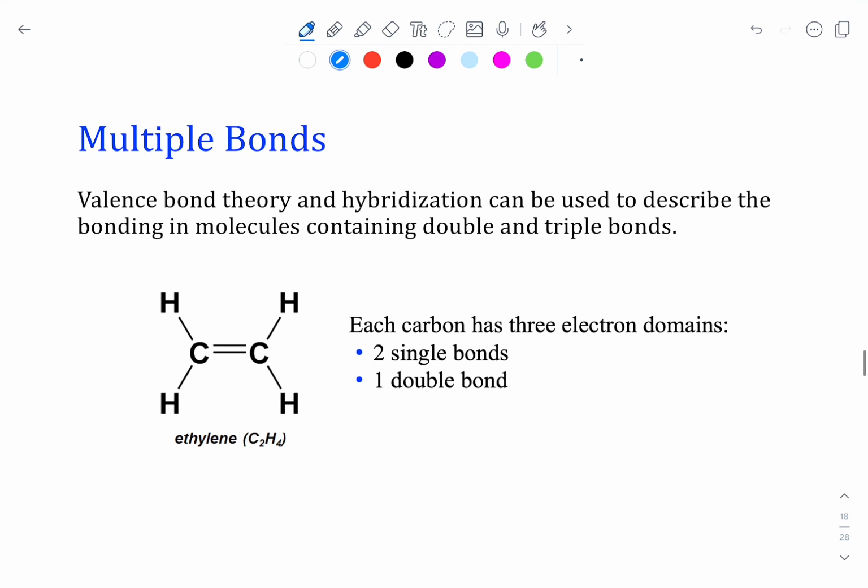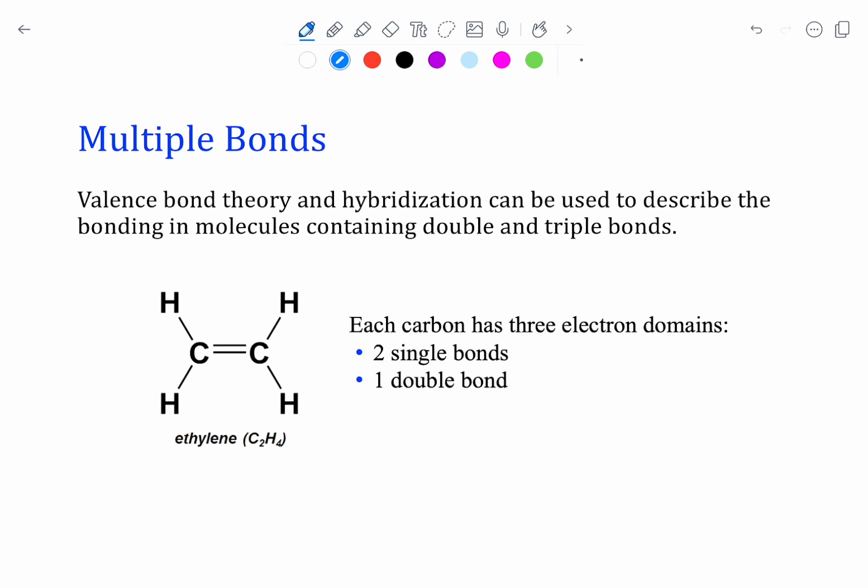Now, what happens when we have multiple bonds? We've talked about double bonds and triple bonds and how in structures they are just considered one electron domain. But what does that mean in terms of our valence bond theory and how the orbitals are overlapping? So, valence bond theory and hybridization can be used to describe the bonding in molecules containing double and triple bonds. Each carbon has 3 electron domains.